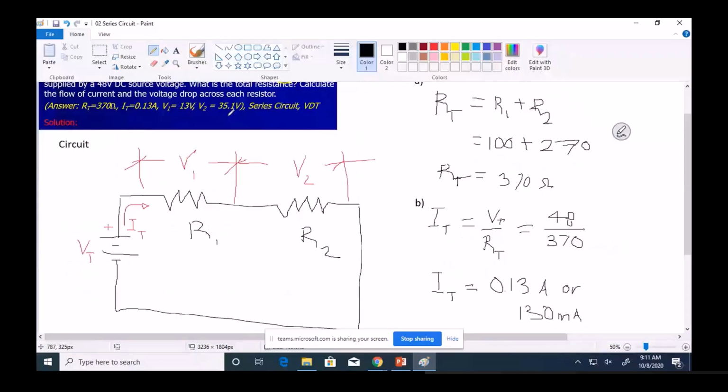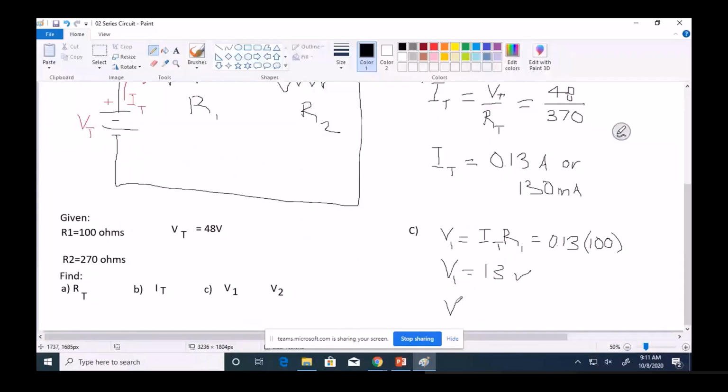Also, we need to solve for the V2. Recall again, since this is voltage, so I times R. Since this is 2, also 2 here. But this is I total. So the I total is the same, 0.13.